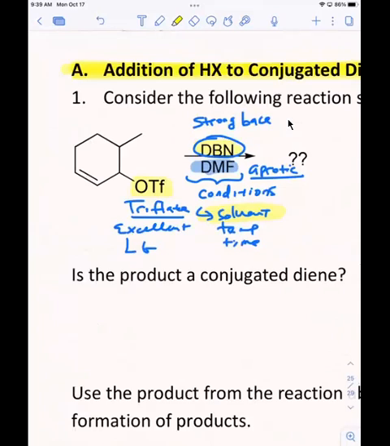Where's the alpha proton? Where's the what proton? I didn't hear you. I'm sorry, the alpha proton. Is it attached to that carbon to the left of the leaving group?